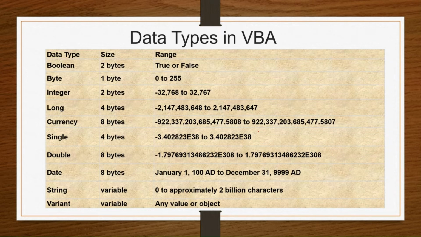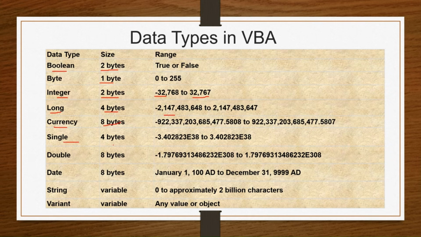Let's talk about data types in VBA. So these are the data types in VBA. Boolean takes 2 bytes and it can store either True or False, what we call 1 and 0. Then Byte takes 1 byte, 0 to 255 characters. Integer takes 2 bytes of size, up to 32,767. Long takes 4 bytes and this is the range.